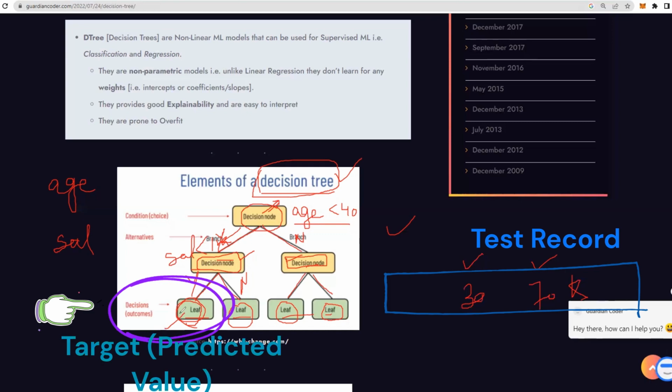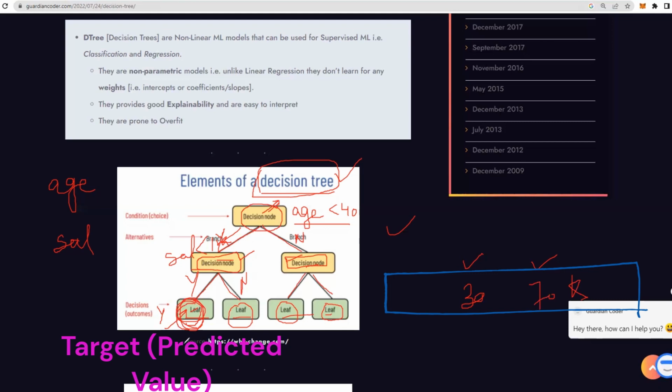And whatever is the value here, we can predict that as an output for this person. Let's say first we have to predict whether this person is eligible for a loan or not. That is a classification, so it can be yes or no here. In case of classification, we are predicting whether to give a loan or not.